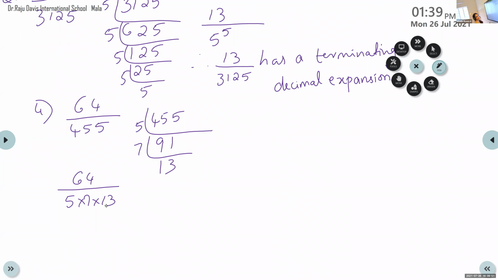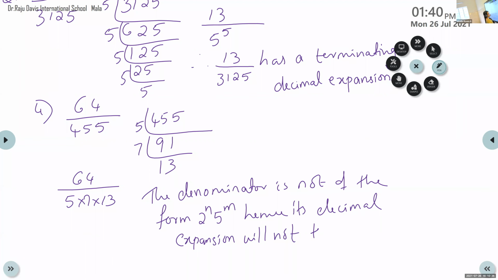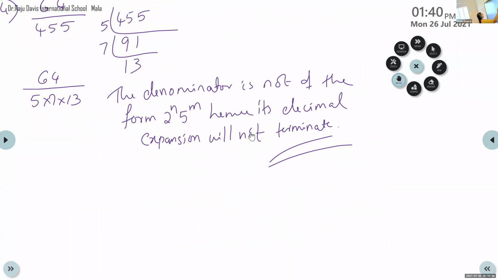It is not of the form 2 raised to n and 5 raised to m. Hence, its decimal expansion will not terminate.